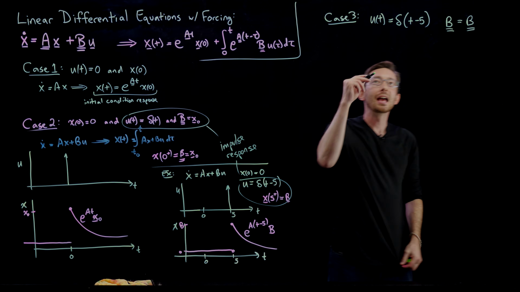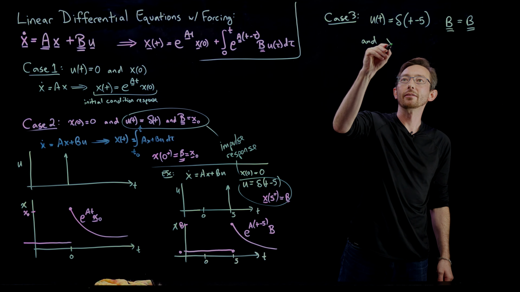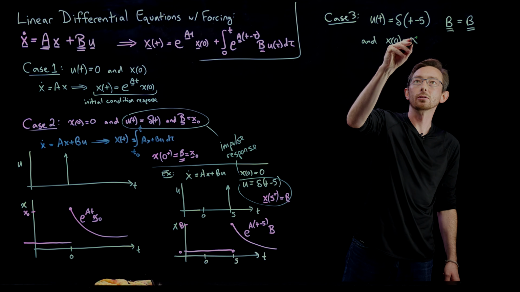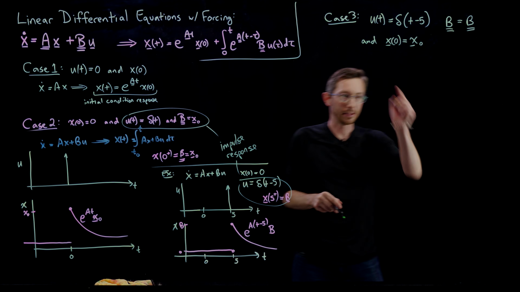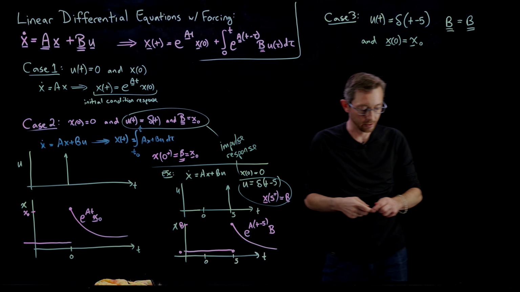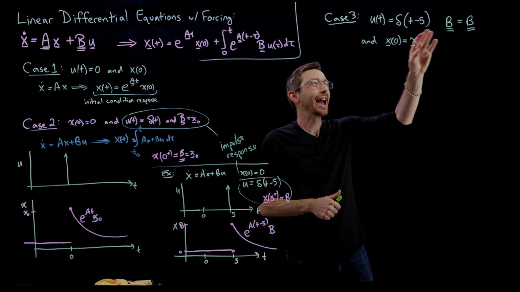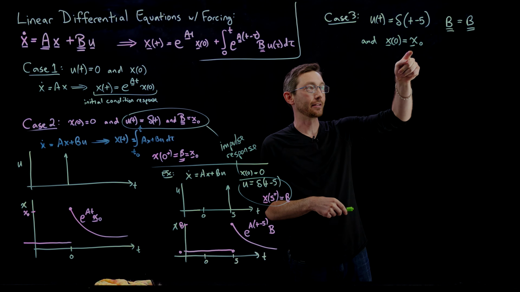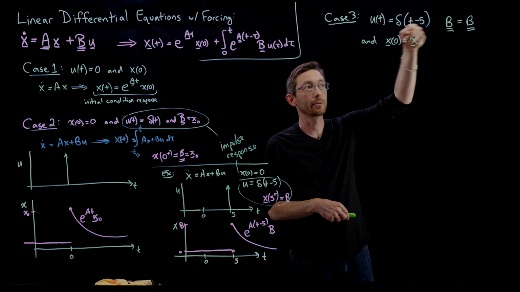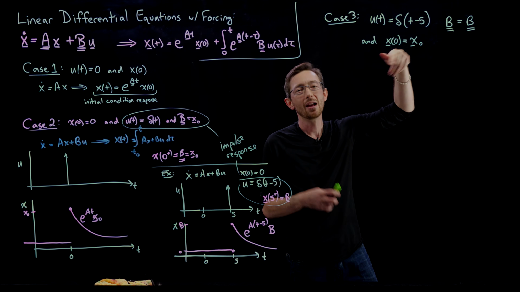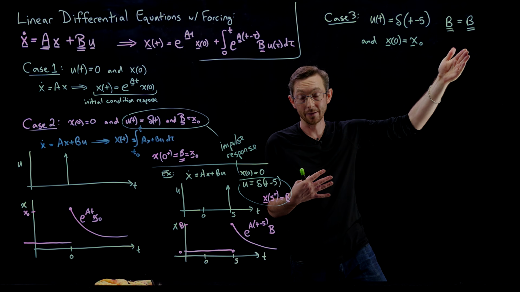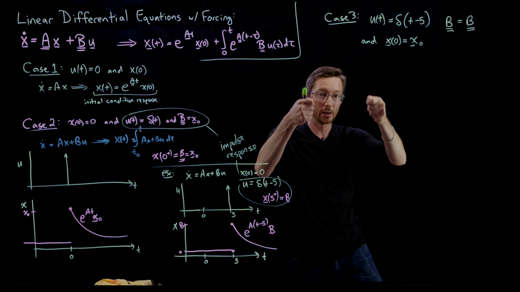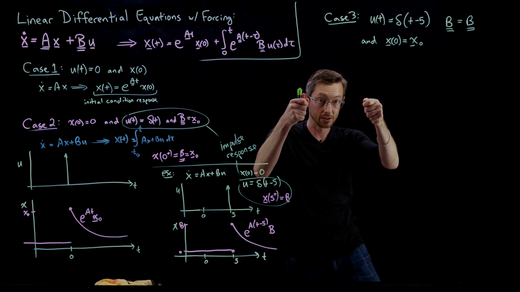And we have x at time 0 equals x naught. That's now the system that we're going to solve, and I'm going to plot everything as if b is a scalar number and x naught is a scalar number, but this works for vectors x and vectors b. Just do what I'm doing for every single component, x1, x2, x3, x4.